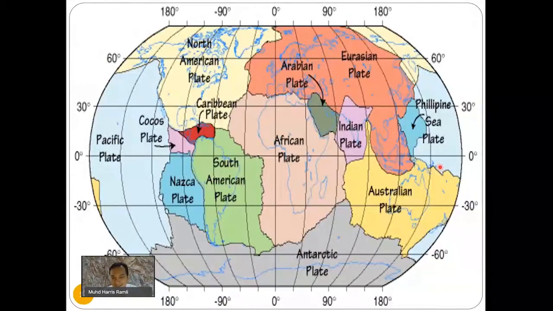You have many plates. You have the Antarctic plate, the Australian plate, the Indian plate, the Eurasian plate, the Arabian plate, the African plate, the South American plate, the Nazca plate, the Pacific plate, and the North American plate. We call it a plate because within this huge body of Earth's crust, this is one huge plate.